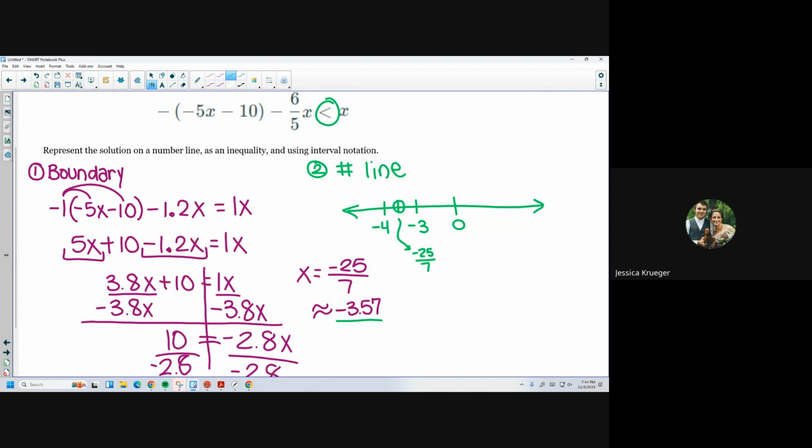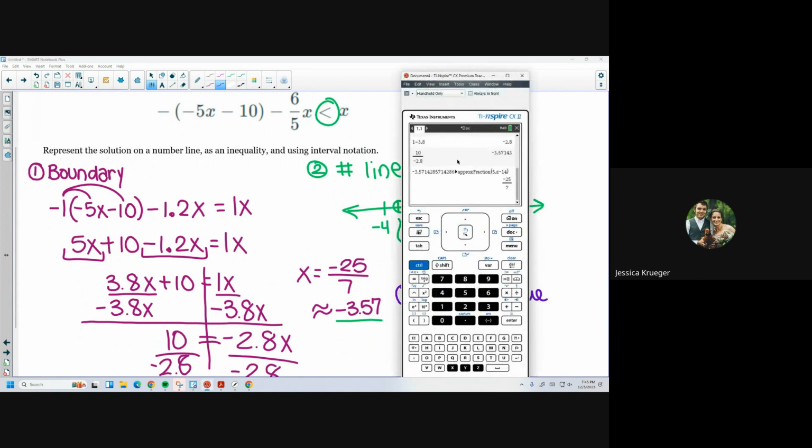Now I have to figure out which side of the number line I'm graphing. So I'm going to test a value. The value I'm going to go ahead and test is x equals 0. So I'm going to bring back up my calculator.